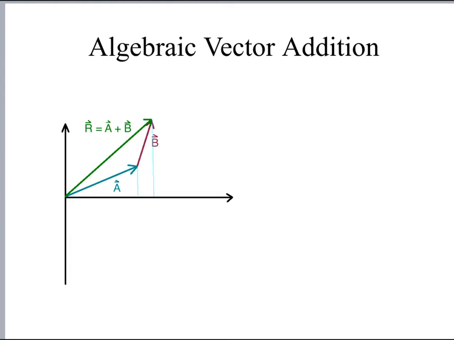So I've got my vector A here, and I have my vector B. I've connected the tail of B to the tip of A, and that lets me draw my vector sum A plus B. And we want to look at how we can add these together with an equation.